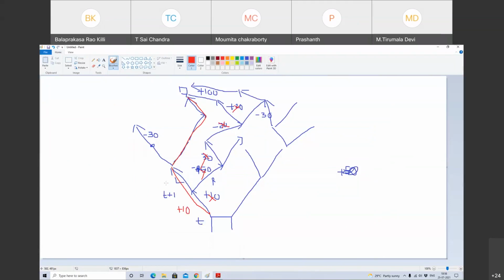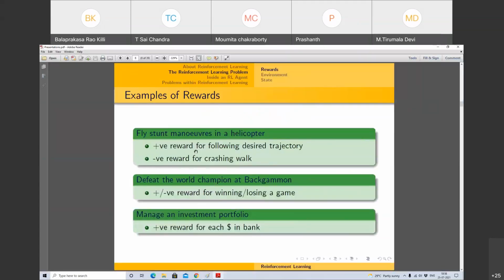When it moves left again, we give plus 10. At this point, when it moves right, you give a negative reward of minus 10. Here also, when it moves right, you give a reward of minus 10, like this. You give a negative reward when it is deviating from the trajectory, or when it crashes.